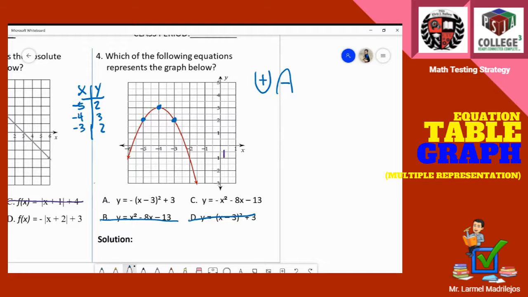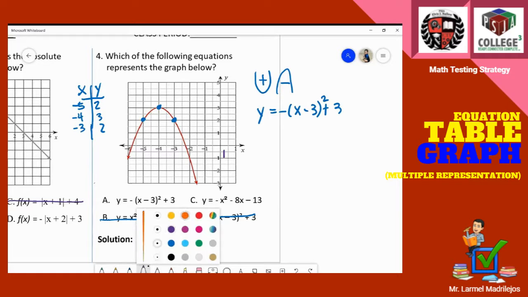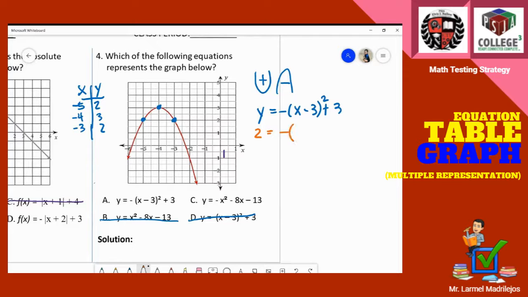Let me verify the first equation here, which is y equals negative x minus 3 squared plus 3. Okay, when y is 2, they said it's 2, and x is negative 5, minus 3 squared, plus 3. Does it equal 2? Let's verify. Negative 5 minus 3 is negative 8.